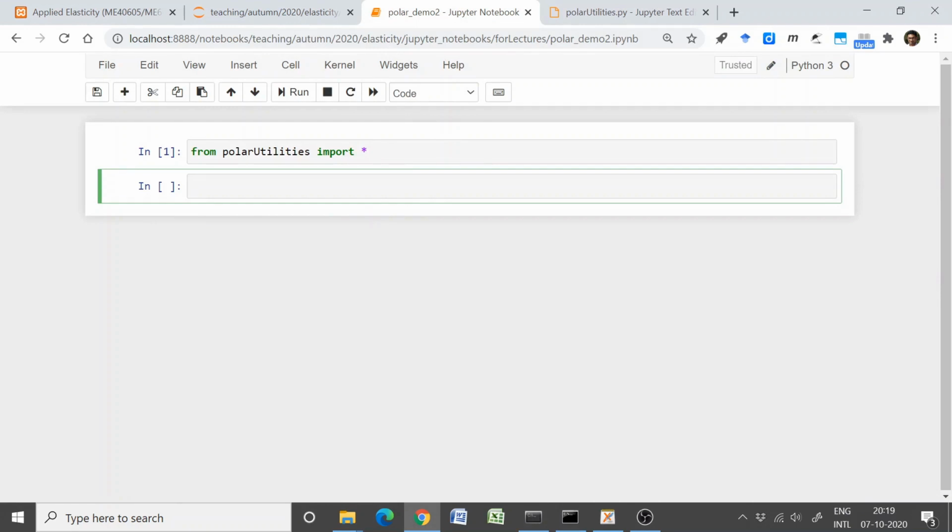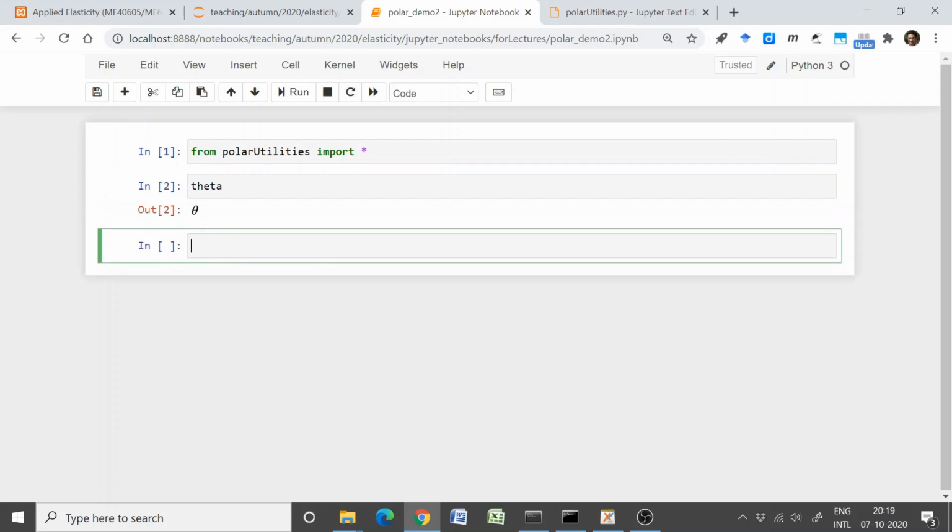I have also not defined theta, but suppose I write theta. If you were to open a new file and just write theta, it's going to give you an undefined error. But now you see it understands, because in the background all this importing has already been done from the Polar utilities Python file, in which we have written all the utilizable things.